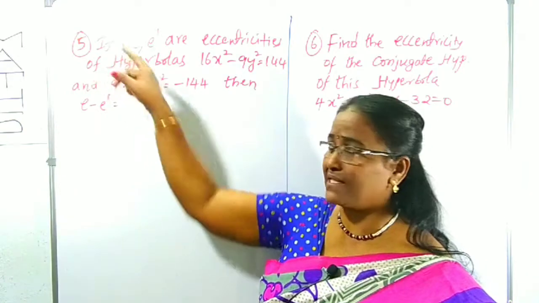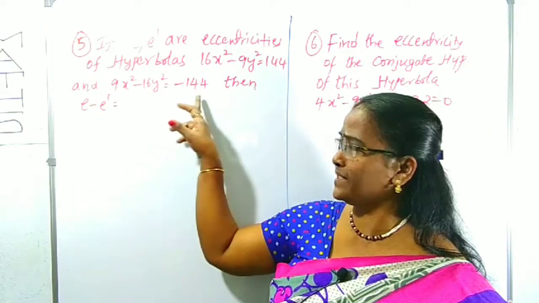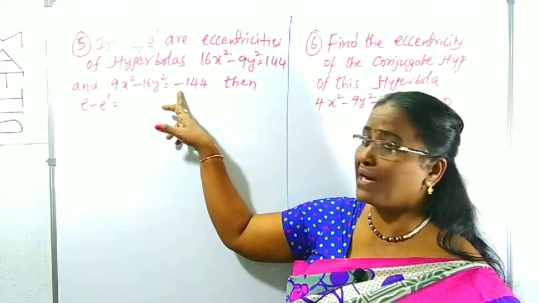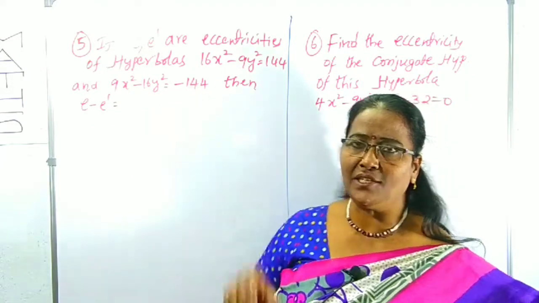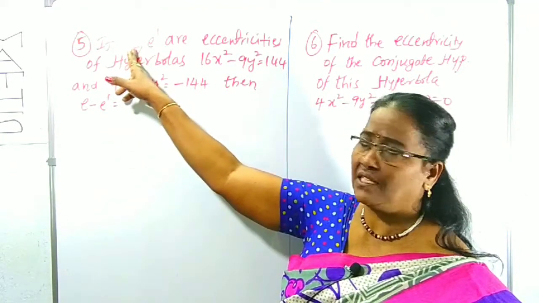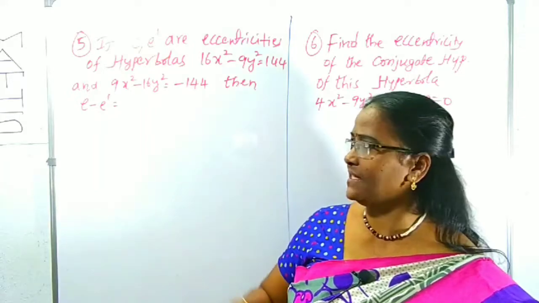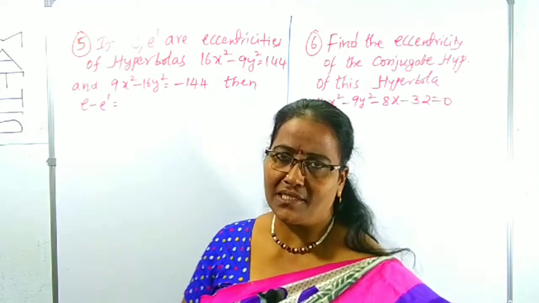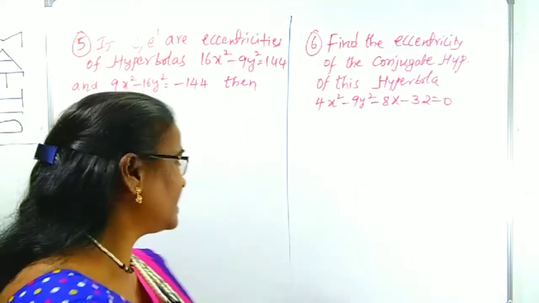Its eccentricity is given as e. The next equation is 9x square minus 16y square is equal to minus 144. It is clearly a conjugate hyperbola. Its eccentricity is given as e dash. What is asked is e minus e dash. This means you have to find the eccentricity of both hyperbolas.